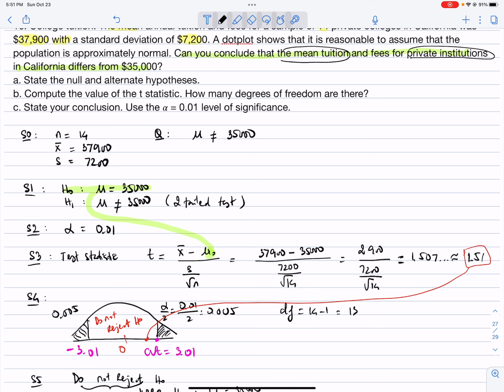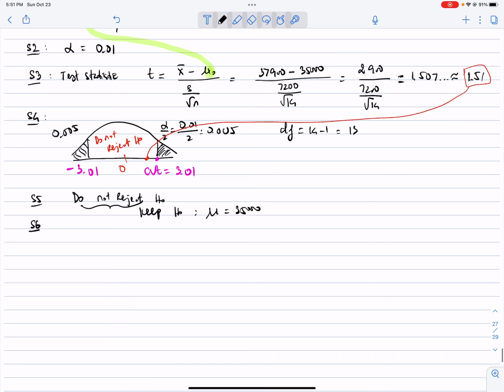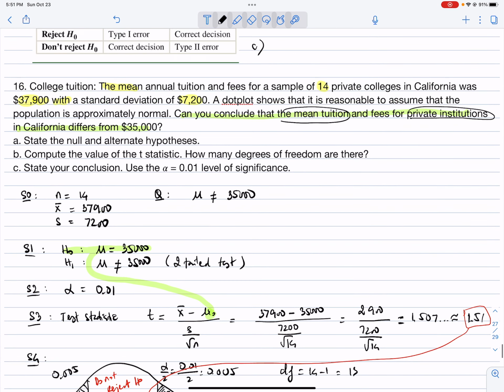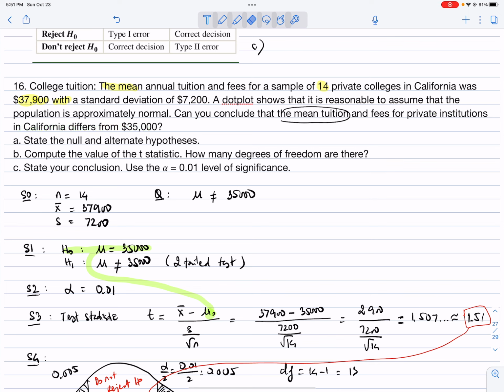So to answer this question, we will say no, the mean tuition and fees for private institutions in California does not differ from 35,000.